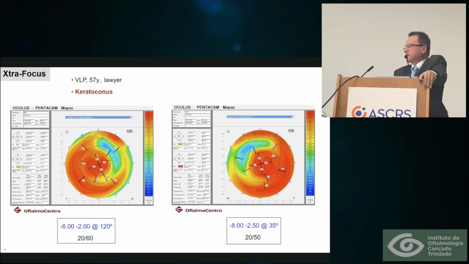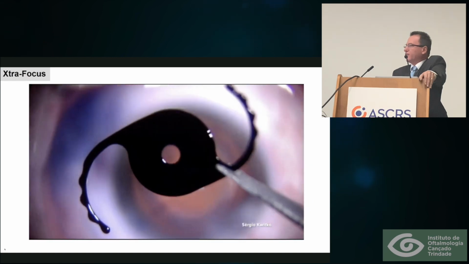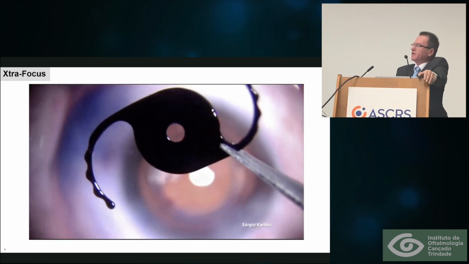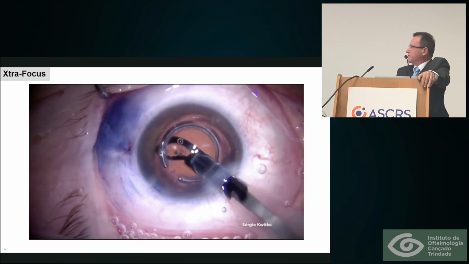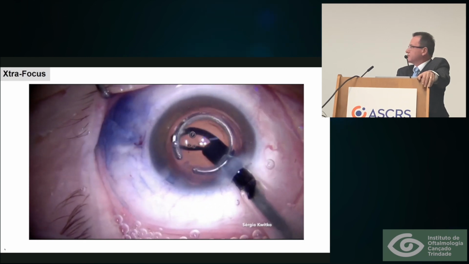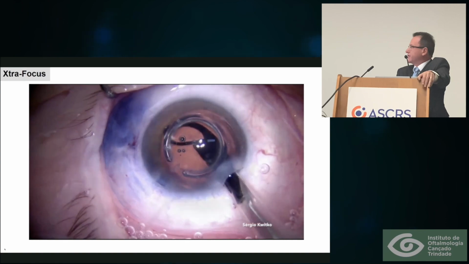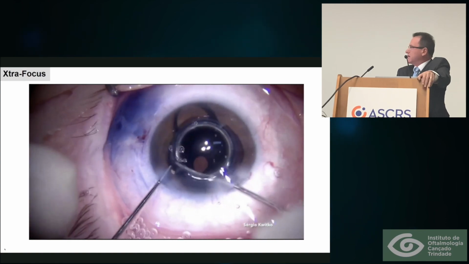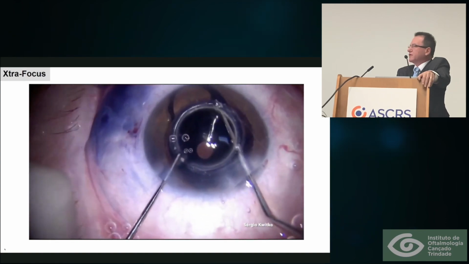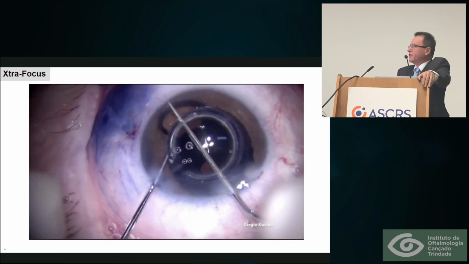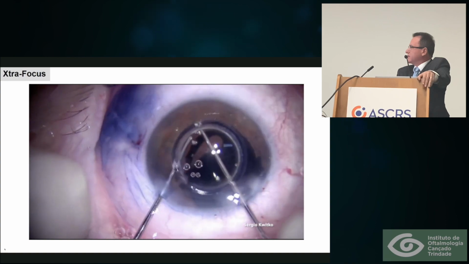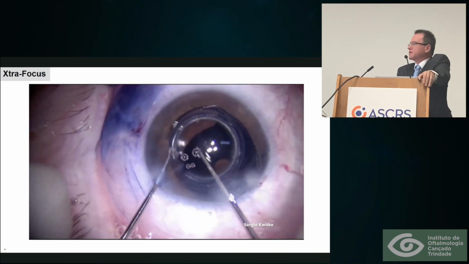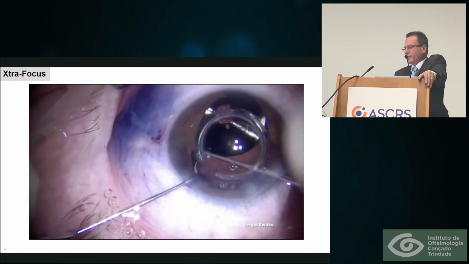So I decided to perform her cataract surgery and primarily implant the extra focus implant on top of the first IOL. Here you can see the intrastromal corneal ring, a long ring, a 320-degree arc, and here with the extra focus implanted primarily.